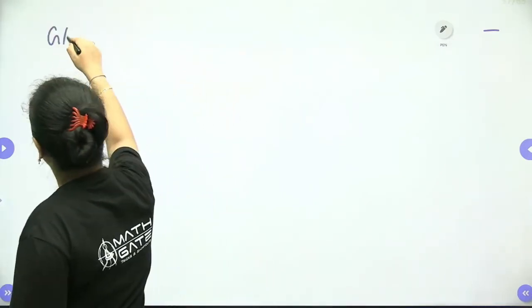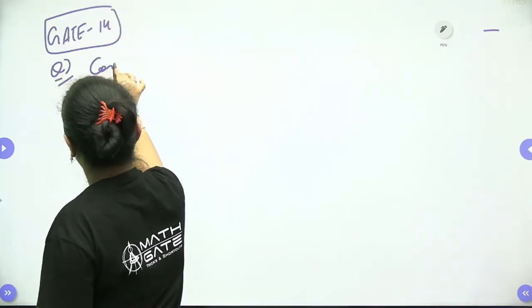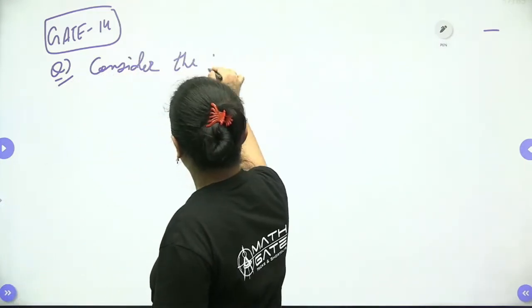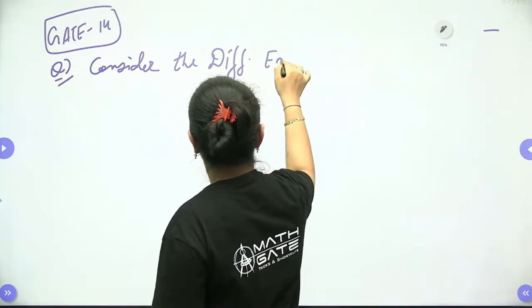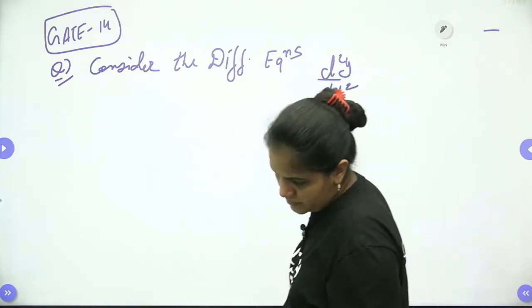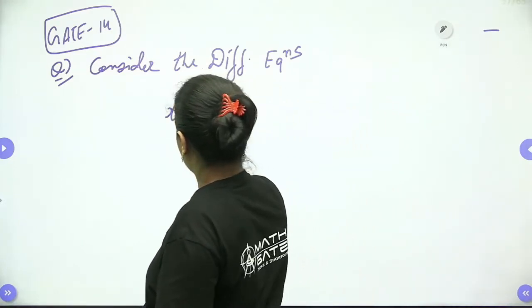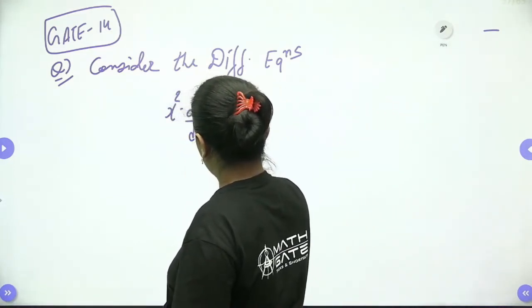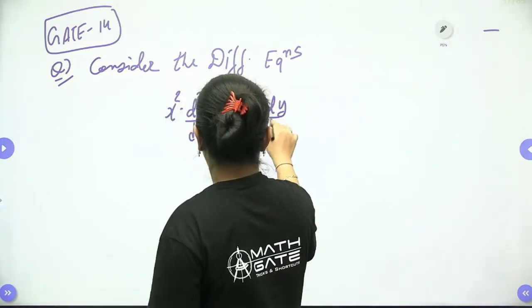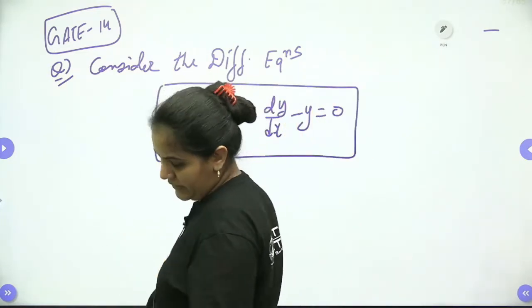Okay, let me write down the question. Consider the differential equation x square d2y by dx2 plus x dy by dx minus y is equal to 0.